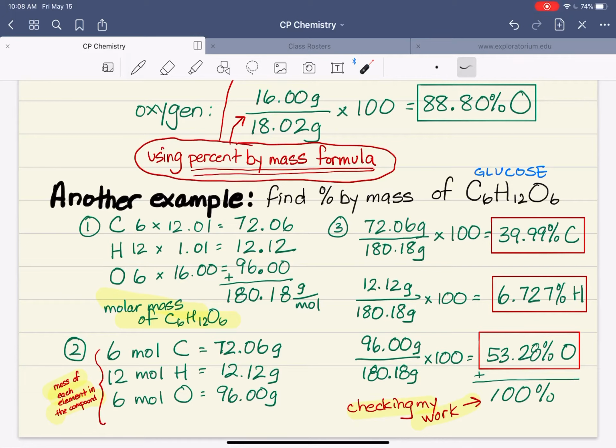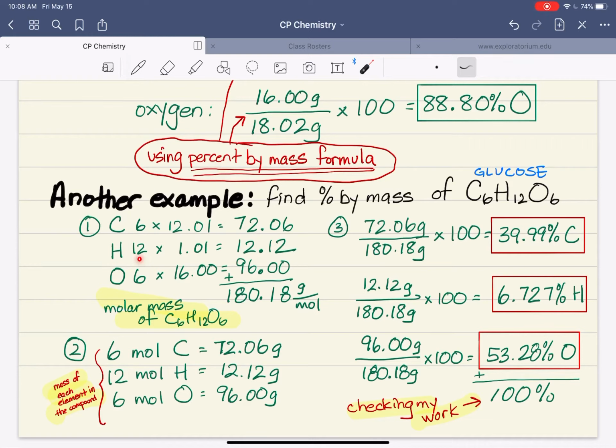The first thing I want to do here is I am calculating the molar mass of glucose. All right, I've got 6 carbons with a molar mass of 12.01 grams per mole, giving us 72.06.